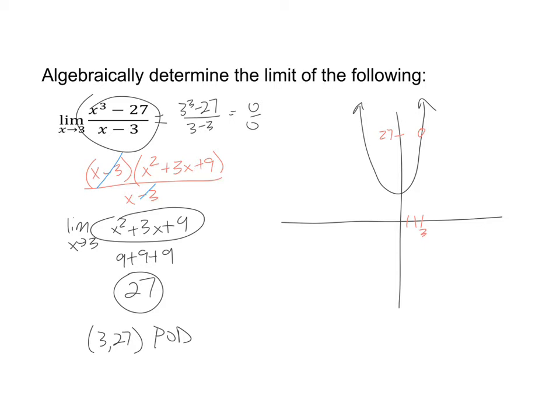The hard part, if you were to do this on your calculator graphically, is you won't see that point of discontinuity. But if we went to your table, it would say 3 undefined on the original graph. On the simplified graph, we would get the coordinate (3, 27). So the idea is, if we look at it from a graphing perspective, could we figure out what that limit is? The answer is yes. It's going to be the coordinate that we're approaching as we get closer and closer to x equals 3.